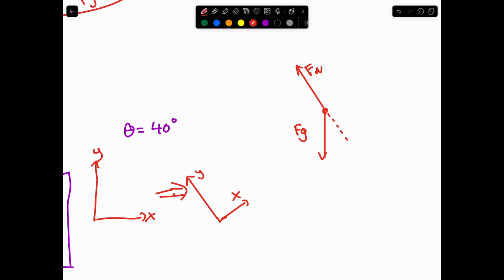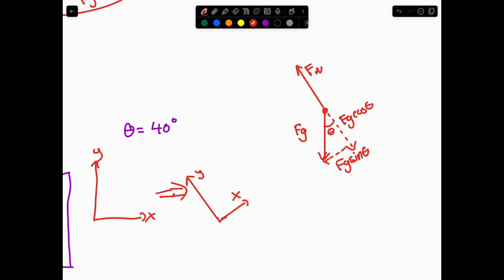So FGY will look something like that, and FGX will look something like that. And theta is up here based on trigonometry. So we can say that FGY is once again FG cosine theta, and FGX is FG sine theta.